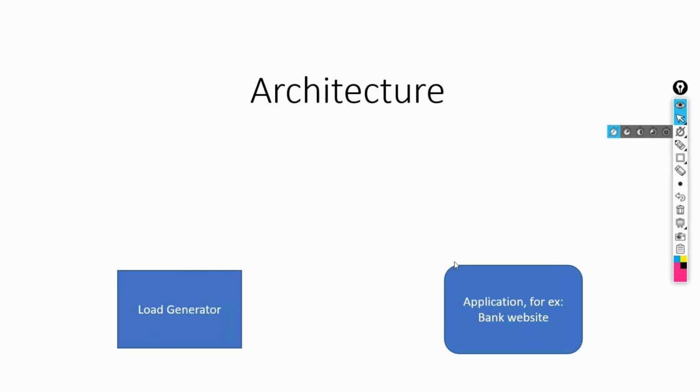Those virtual users will mimic the same actions a normal user does, like clicking a link, clicking a button, and so on. Now, you have to do performance testing for a banking application.